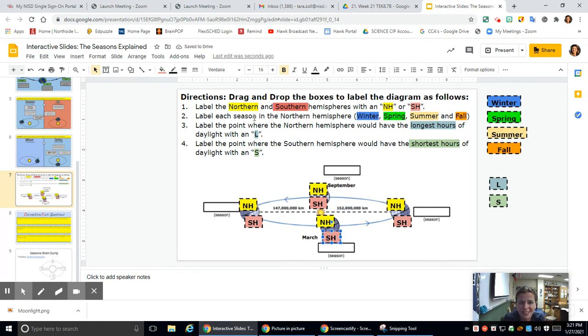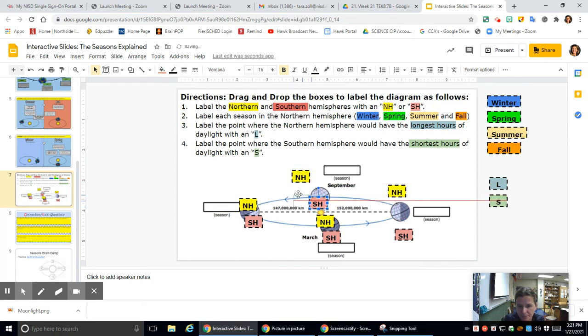Okay. Label each season in the northern hemisphere: winter, spring, summer, and fall. So I'm going to start here and we're going to go counterclockwise, but I need to move these labels so I can see my axis and my equator, the hemispheres, being tilted towards the sun.